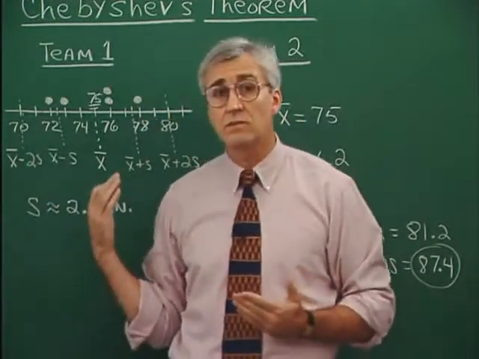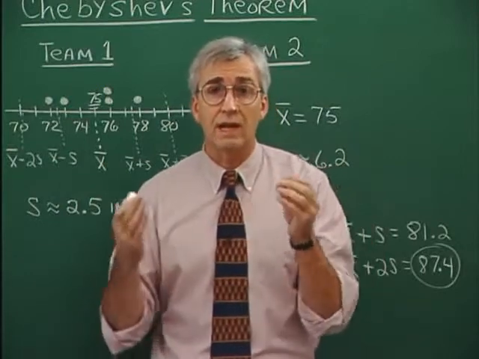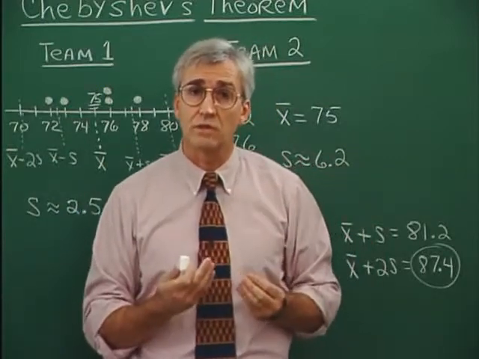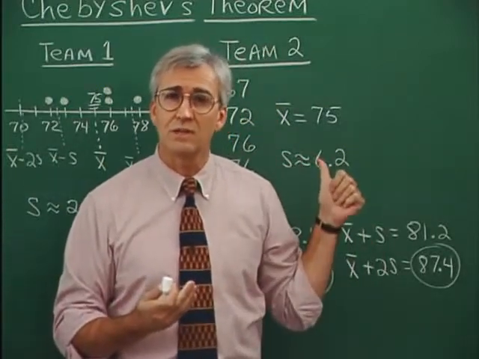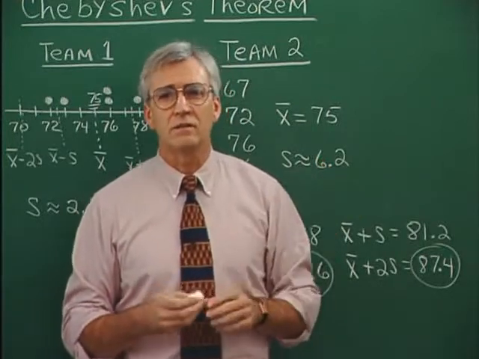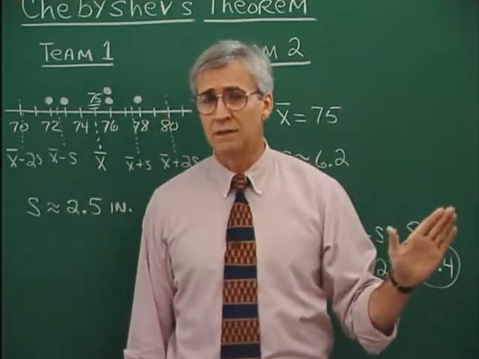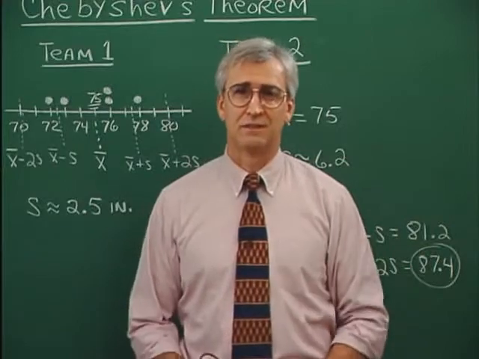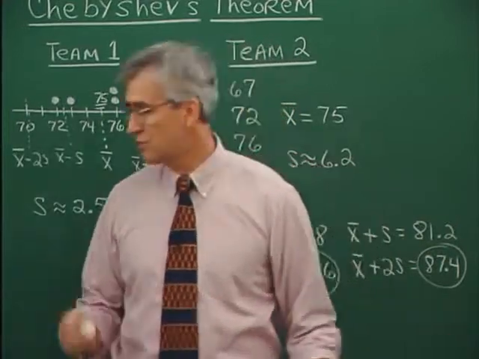It was the case in these 2 samples where all the data values were within 2 standard deviations of the mean. That's what this fellow studied. And he found that for any data set, this is true.